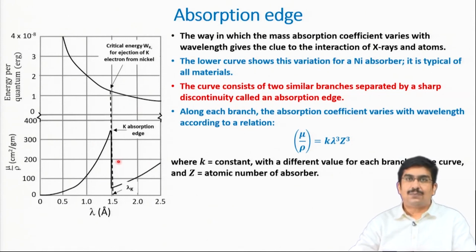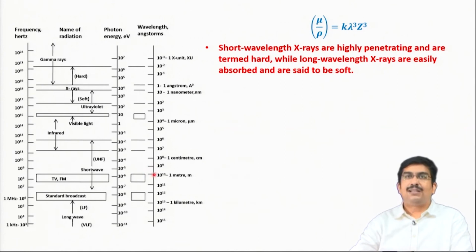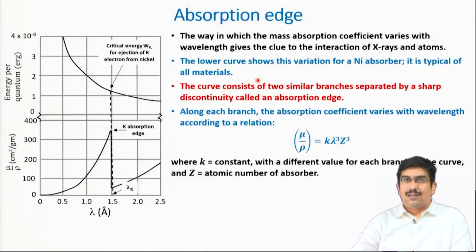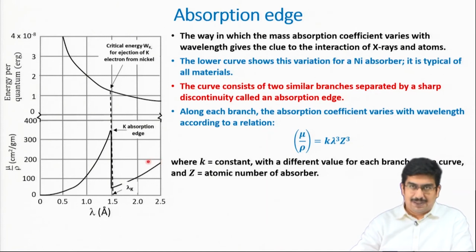Okay. So, if we see it more, one thing we can quickly realize is that the mass absorption coefficient strongly varies with wavelength. And for shorter wavelengths, the mass absorption coefficient is much higher than for the longer wavelengths, right.